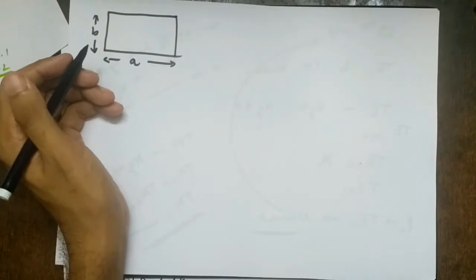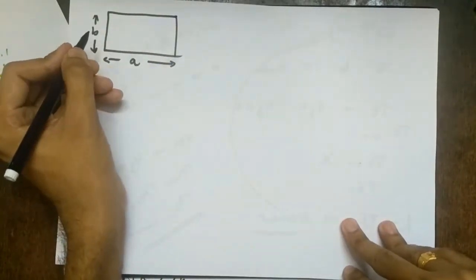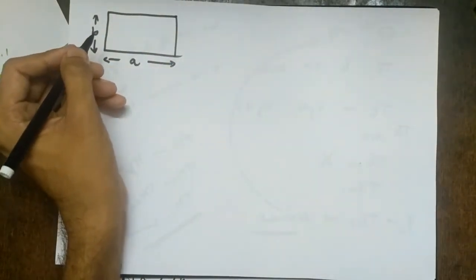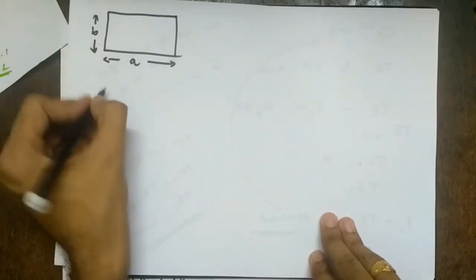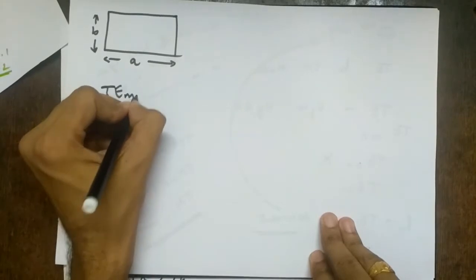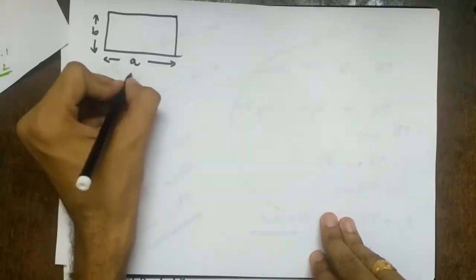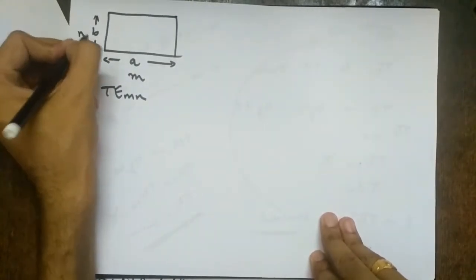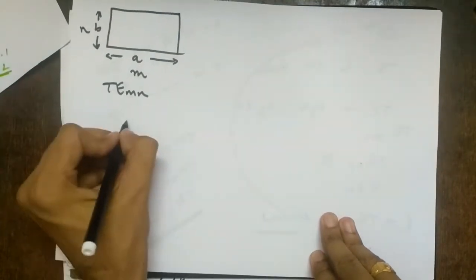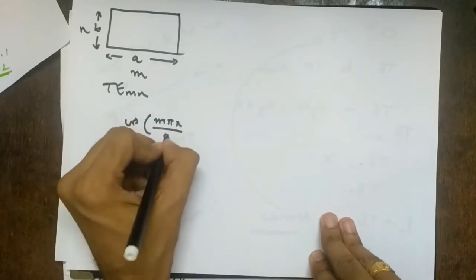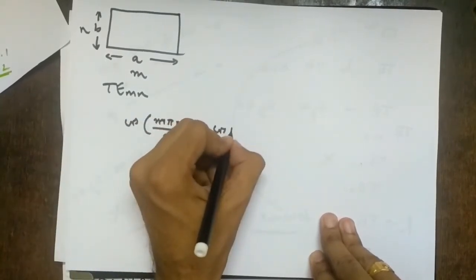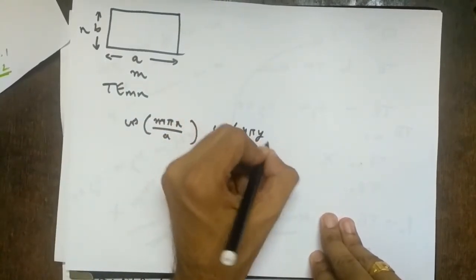Okay. So then what do I want to see? I want to see first, let's say, the dominant mode. So I want to check the TE10 mode. So what we have designated as TEmn, right? So m is along the x direction, n is along the y direction, right? Why is that so? Because we have the fields like this, right? cos of m pi x by a into cos of n pi y by b.